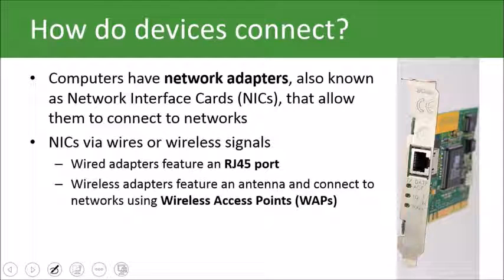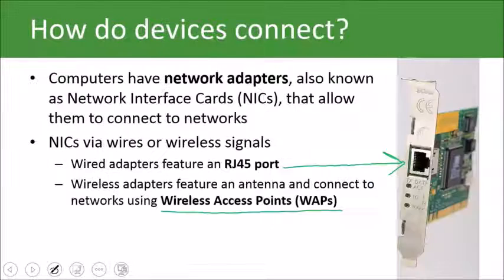NICs communicate via wires or wireless signals, and this wired adapter features something called an RJ45 port. Wireless adapters feature an antenna in contrast, and they connect to networks using wireless access points, which are also an essential connecting device, and we'll detail them a little later in a different module.